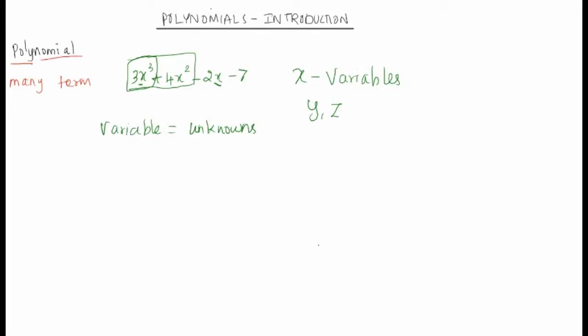Then the numbers that we see right in front of the variable, this 3, 4, minus 2 and minus 7, are nothing but coefficients.